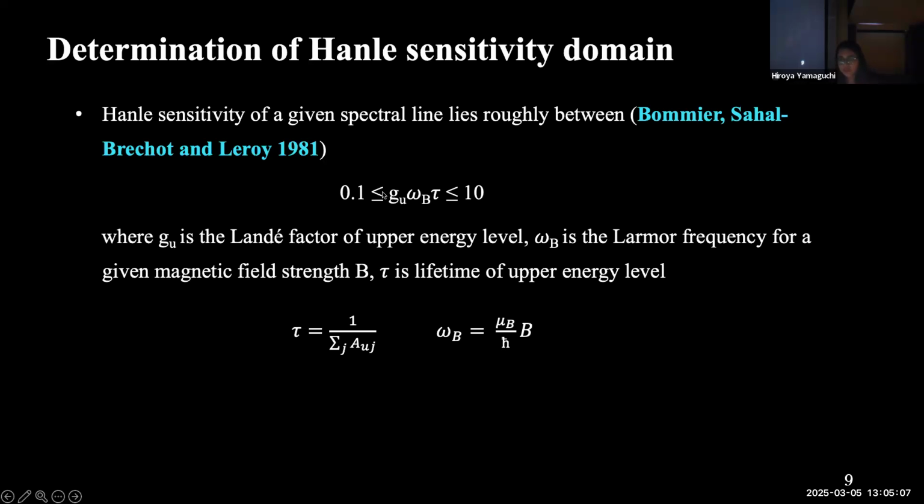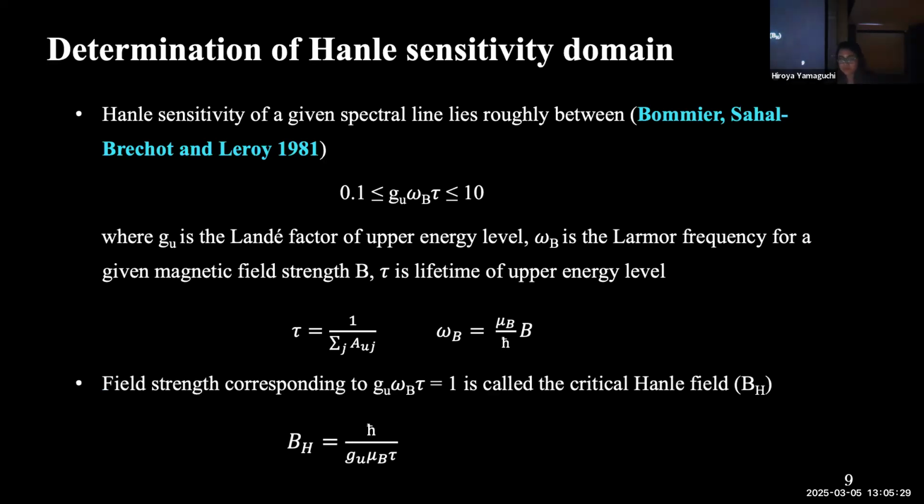If we calculate this factor for a particular line transition and we see that it lies within this range, then we can theoretically say that we can use that line transition for probing the field strengths expected in a particular region.